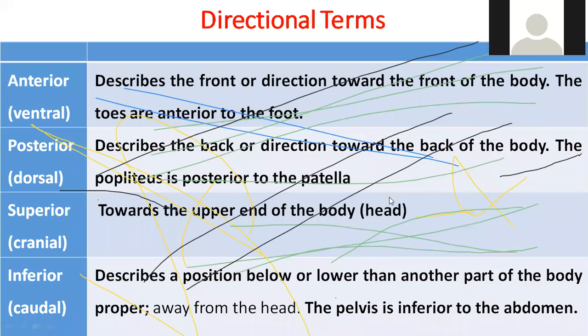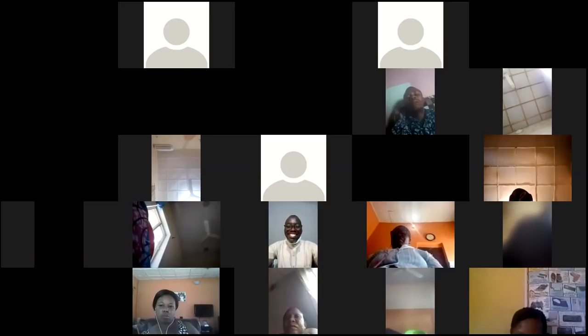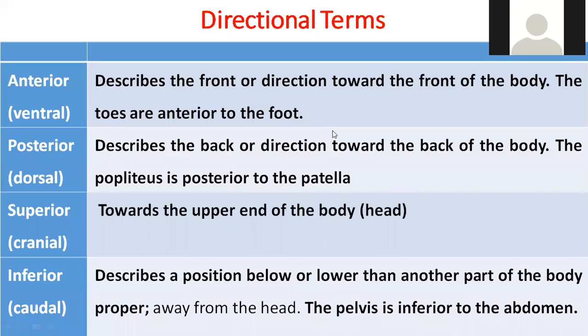You got me while I was discussing the superior and the inferior aspect of the terms used in anatomy. So let us proceed as we discuss the lateral term. The lateral term describes the position away from the midline of the body.